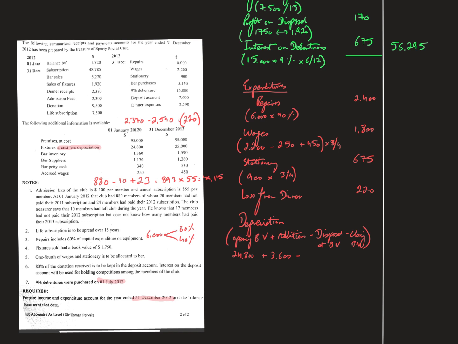Disposal at book value is given in adjustment number 4, which is 1750. And the closing book value is given, that is 25,000. What is it coming to?